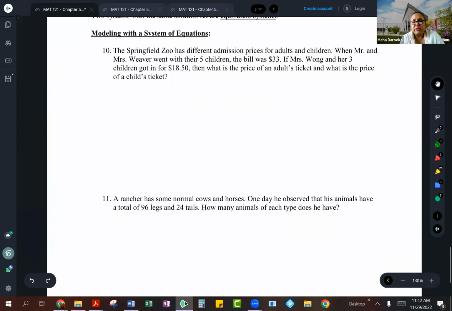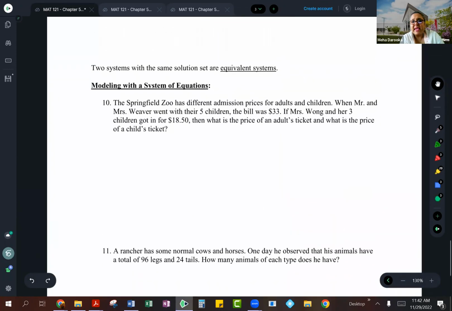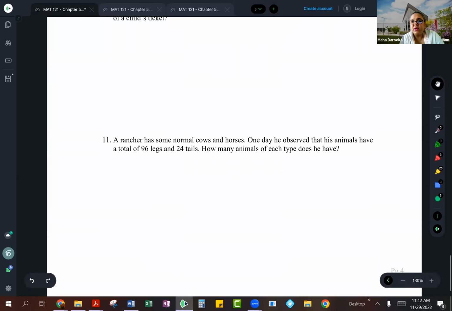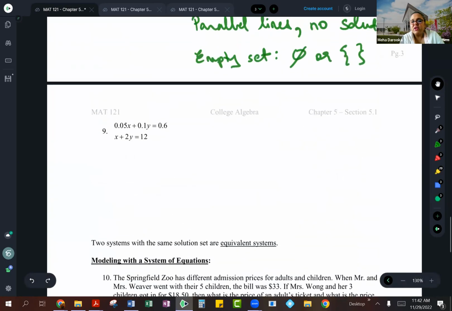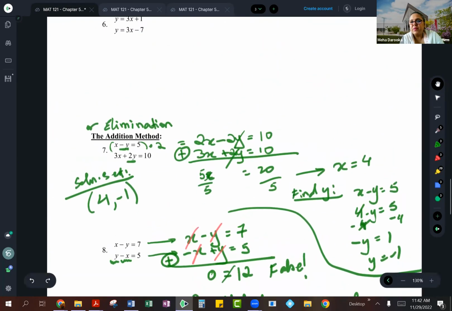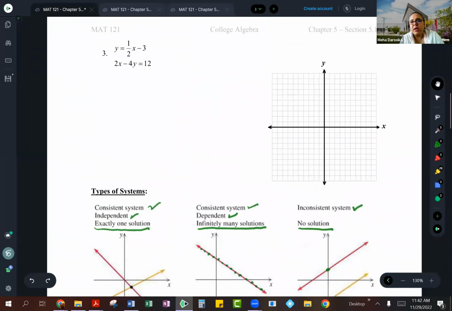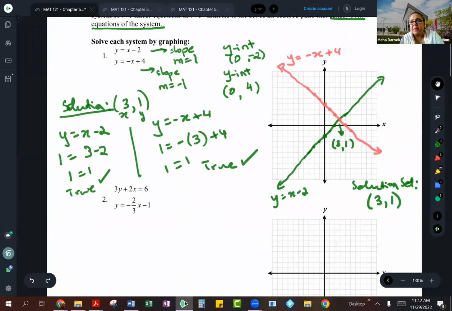And then we just included some applications to show you how the system of equations can be applied to real life applications. So I would say, again, if it has been a while since you have done any of these system of equation type of questions, just look through the video lecture for 5.1 just to refresh your memory.